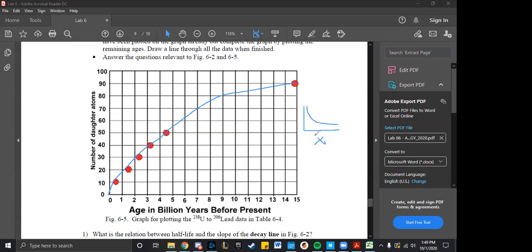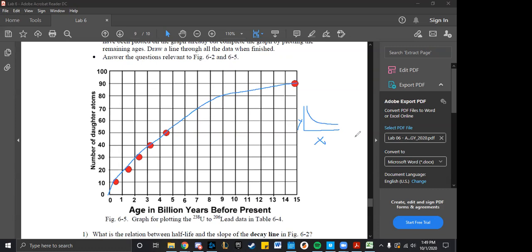This is X and this is Y. And it's basically just asking what the relationship between parent decay and this line is. Aren't they just flipped?